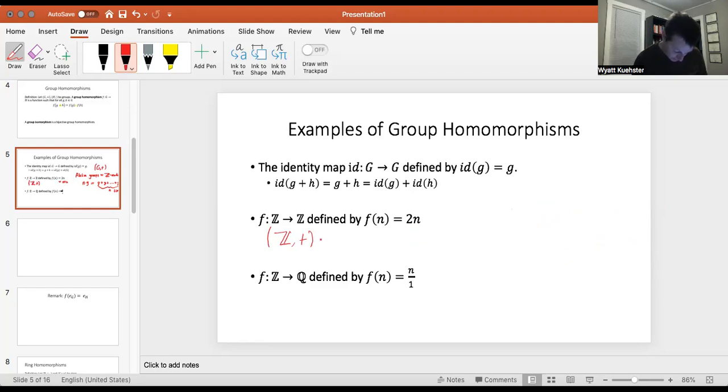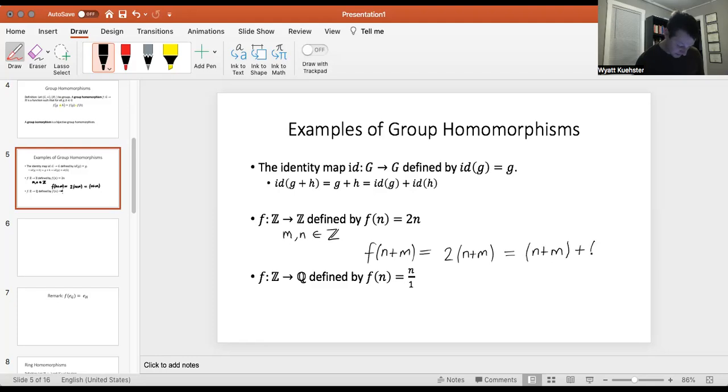All right, so why is this a group homomorphism? Well, if I have m and n, two integers, let's just check the property. f of n plus m, that's the operation in Z, equals 2 times (n plus m). Well, by definition, this is (n plus m) plus (n plus m).